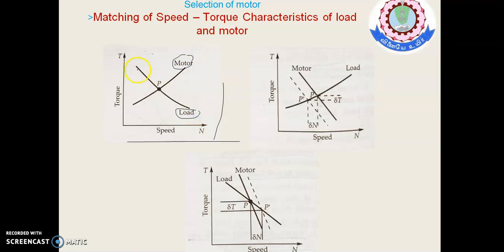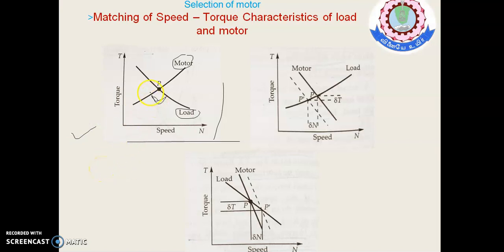Both are joining together at almost 90 degrees. If the load and motor are joined or merging at almost 90 degrees, it means the speed torque characteristics matching is the right one, right? It is one feasible point.